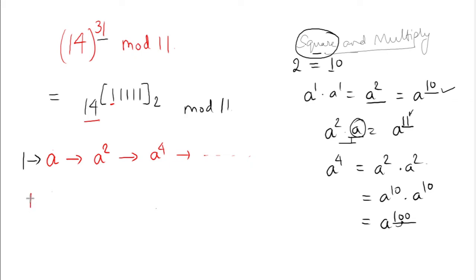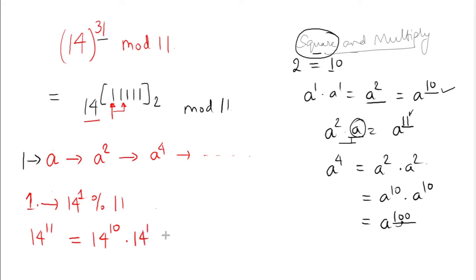So first will be 1, followed by 14 raised to 1, since 1 is being encountered here, and again, this will become 14 raised to 1 mod 11, and since 1 is encountered in the next iteration as well, which is 14 raised to 1, 1, which is equivalent of saying 14 raised to 1, 0 times 14 raised to 1.